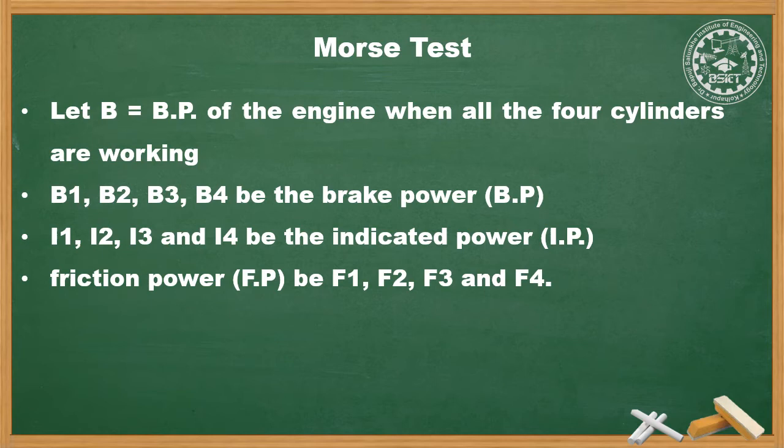Now only 3 cylinders will develop power, but still all 4 cylinders will consume friction power. Therefore, we can say that when the first cylinder is cut off, practically but theoretically it consumes the same friction power as all the other cylinders.